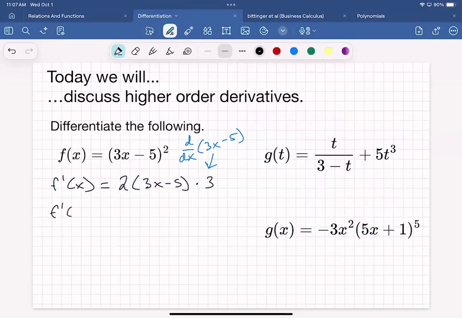Any questions where we're getting that from, though? Or getting 18x minus 30 from?